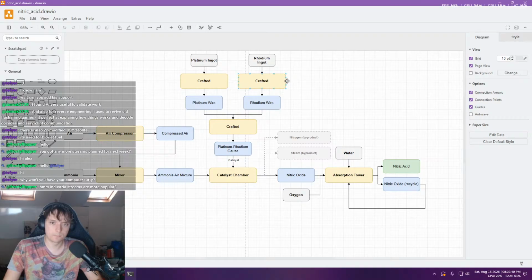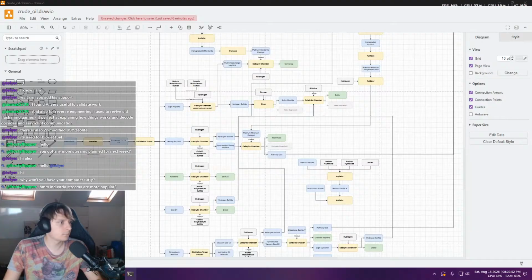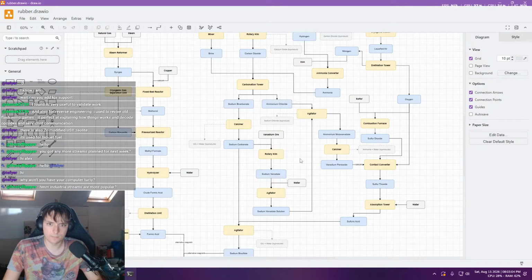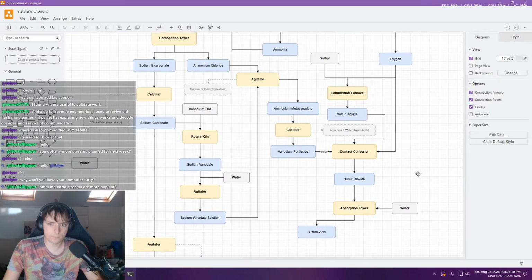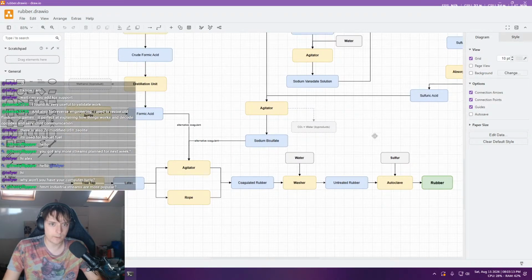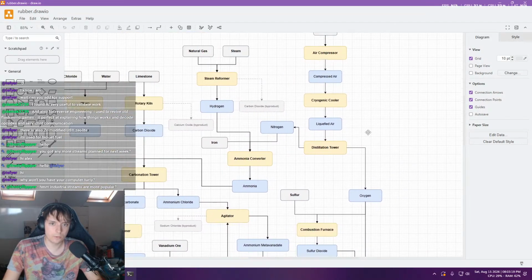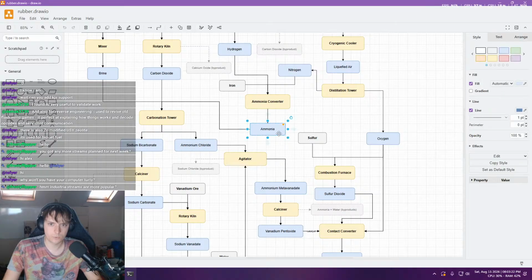Nitric acid gives us nitric oxide, but we don't have ammonium nitrate. What about... No, it's not in aluminium. I don't know why I'm looking in aluminium. Is it in rubber? I'm sure I wrote down ammonium nitrate somewhere. But ammonium chloride? Ammonium vanadate? No ammonium nitrate though? So why does this not go anywhere?